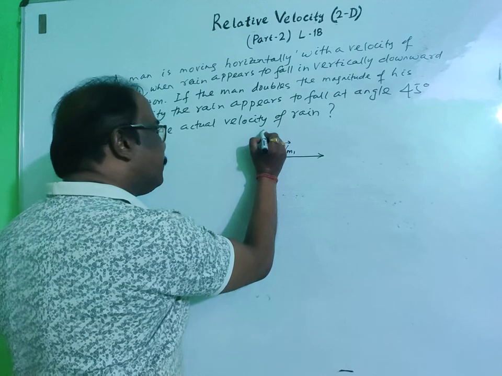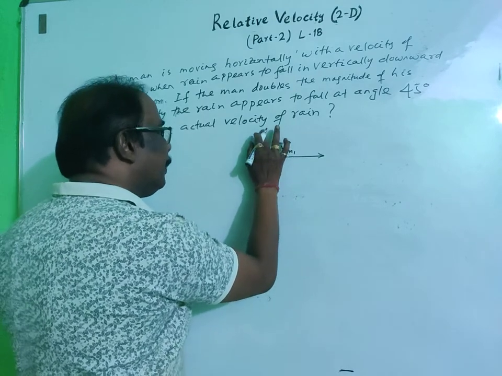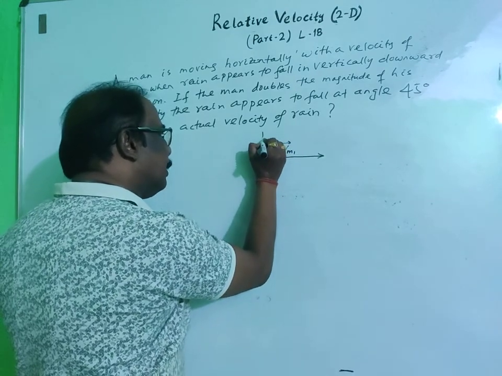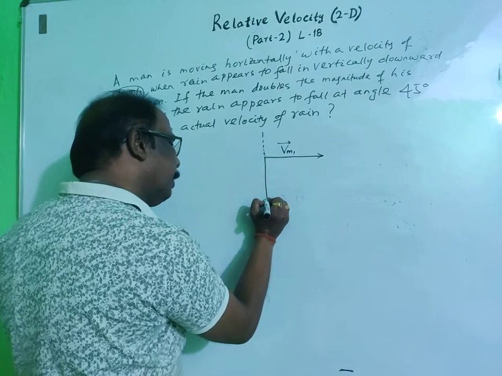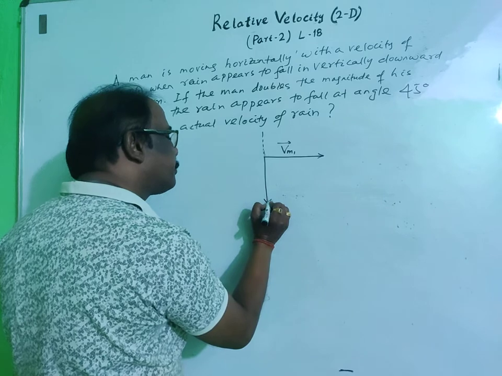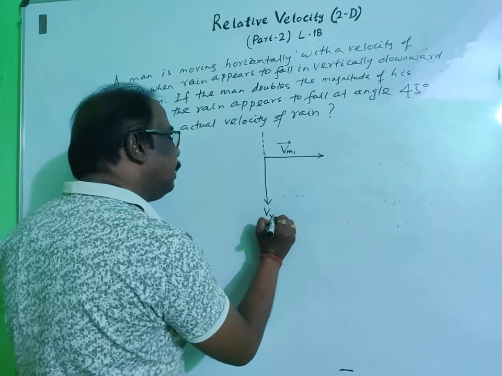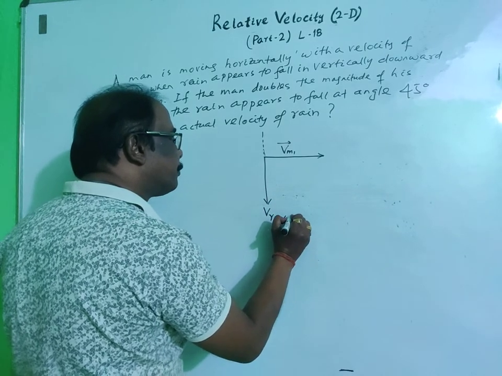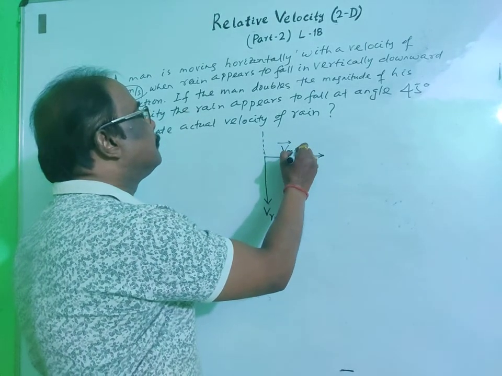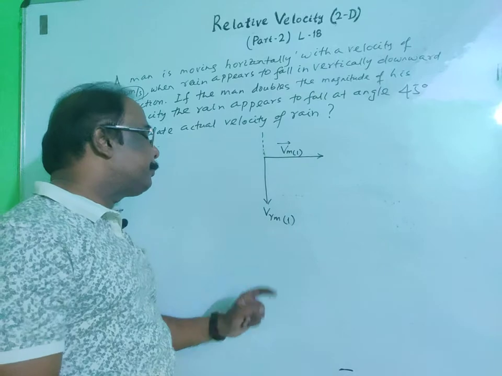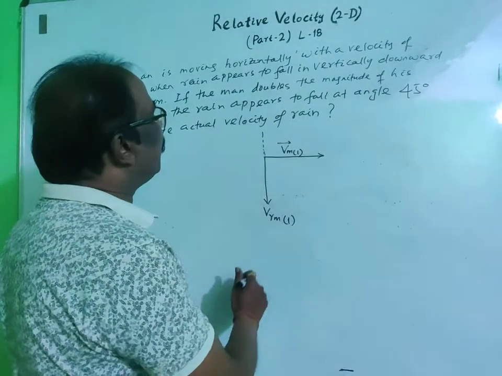When man moves horizontally, then rain appears to fall in vertically downward direction. This is Vrm in first case, and rain appears to fall in vertically downward direction.